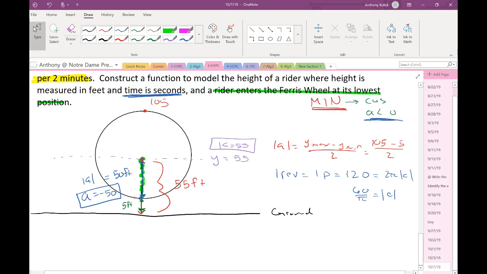The last thing I need to do is determine H. This is not terribly difficult, though. In our parent function, we have a maximum that occurs at 0, 1. In our transformed function, we're going to have a minimum that occurs at time 0, and then whatever that minimum value is. Oh, I suppose that's 5 here.